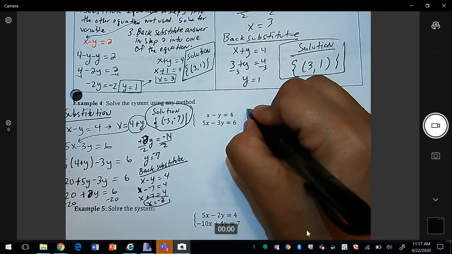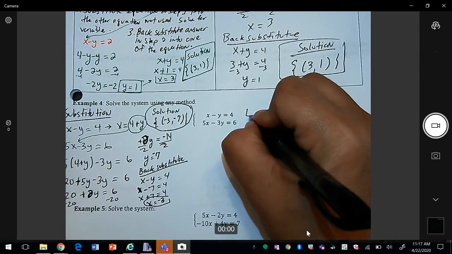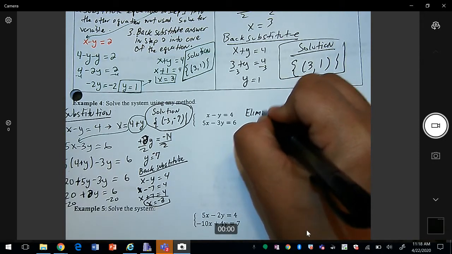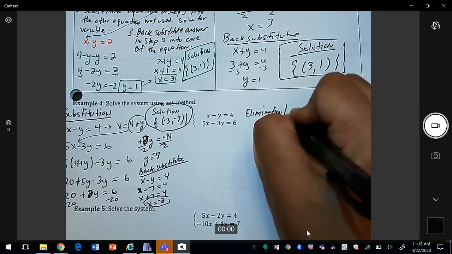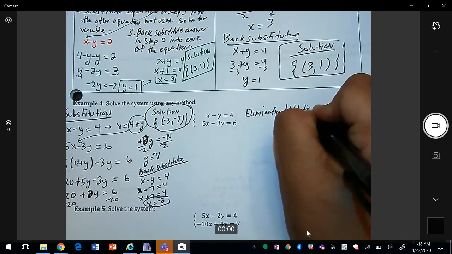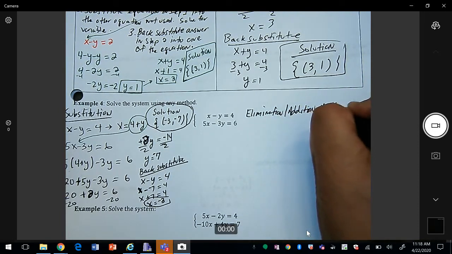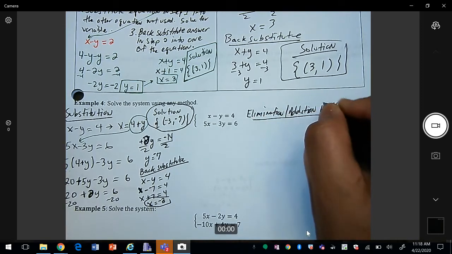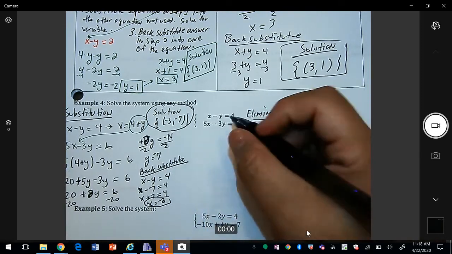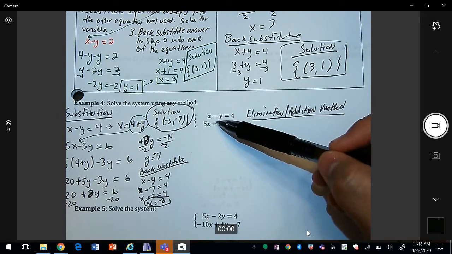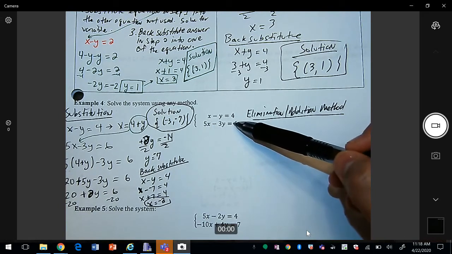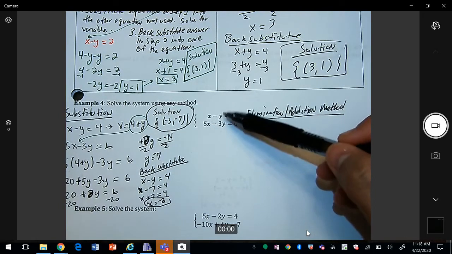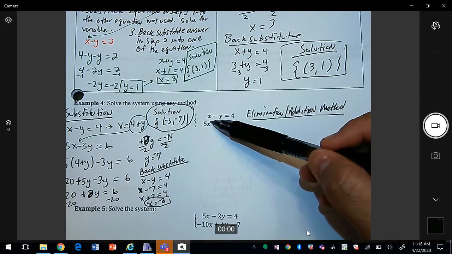Okay, so if we use the elimination addition method, then it would look something like this. So first you pick a variable, so we can choose x or we can choose y. So I'm going to go ahead and choose x.